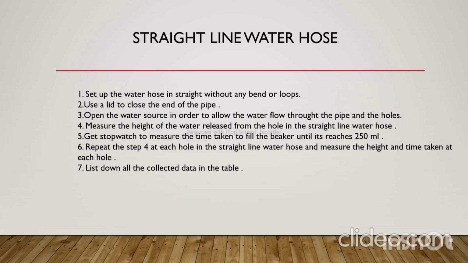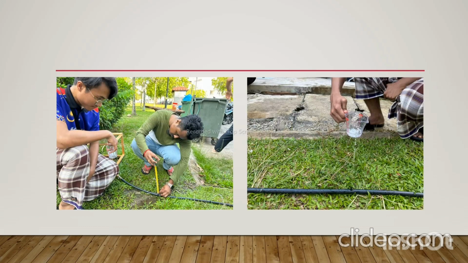Once our pipe is open and the water flows, we have to measure the height of each hole, how far the water came out from the hole, and then measure the time taken to fill up the beaker with 250 milliliters. This is how we conduct the straight line hose experiment.